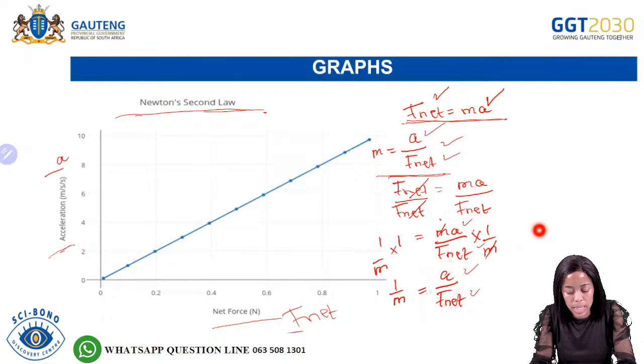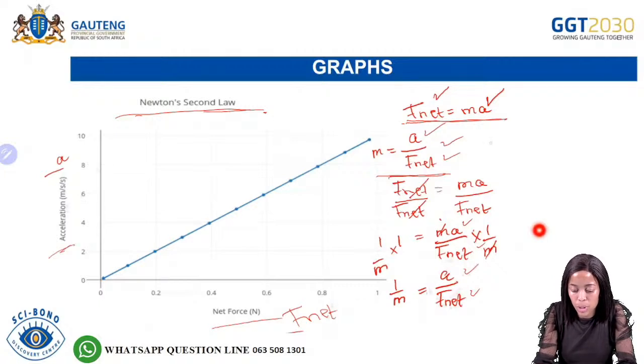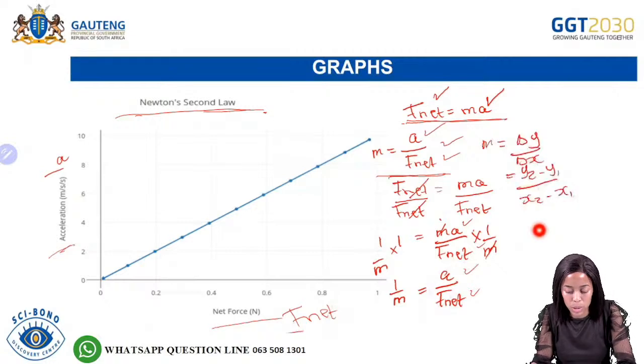The first thing is that you need to calculate the gradient. How do you calculate the gradient? You know that your gradient m is the change in y over the change in x. Change in y is your y2 minus y1, divided by x2 minus your x1. So from there you can choose any points on the graph.